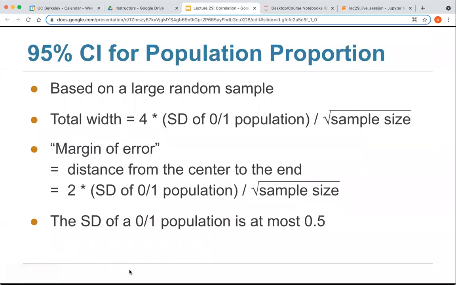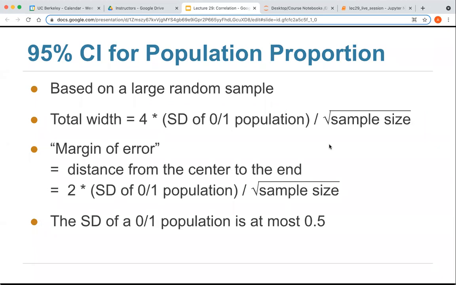And so now we get into how you calculate those widths. The total width is 4 times the SD of the sample proportion. And last time, a couple of days ago, you established that the SD of a sample average or proportion is the SD of the population divided by the root of the sample size.